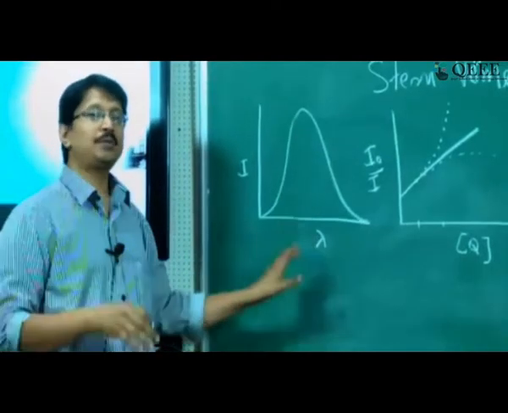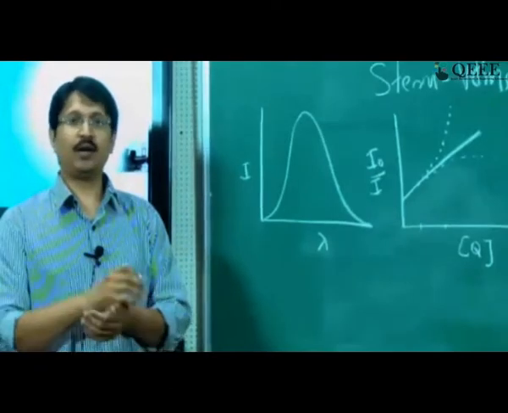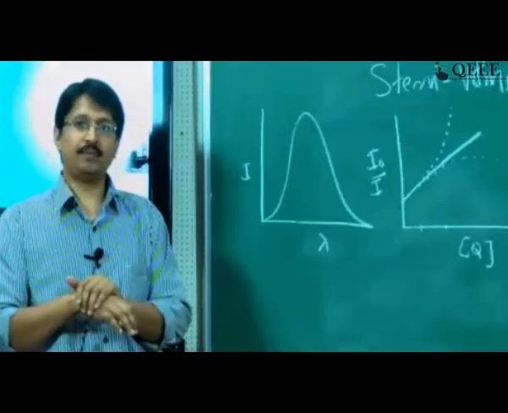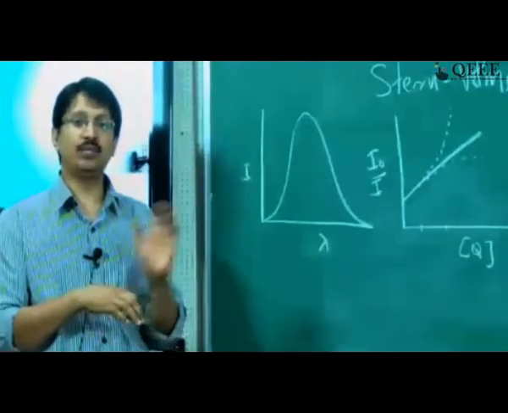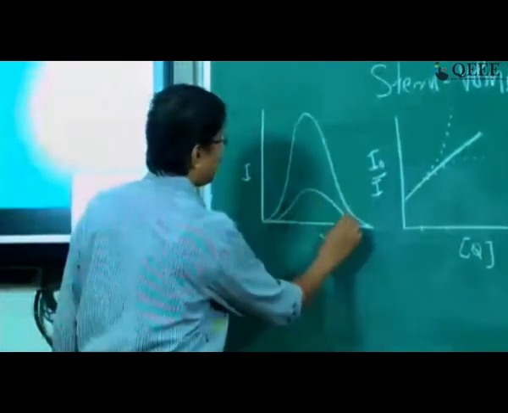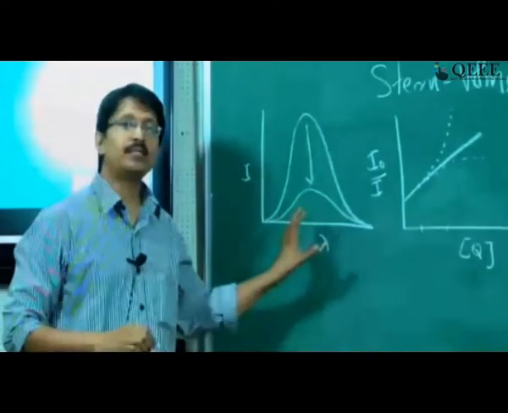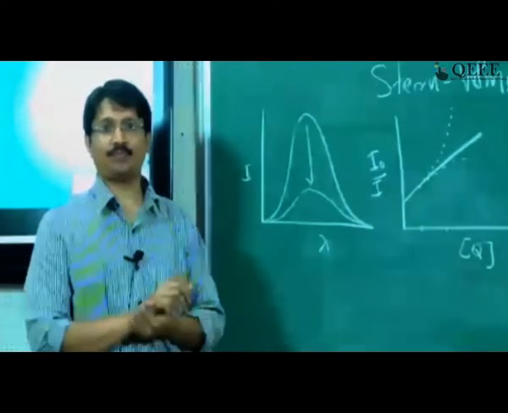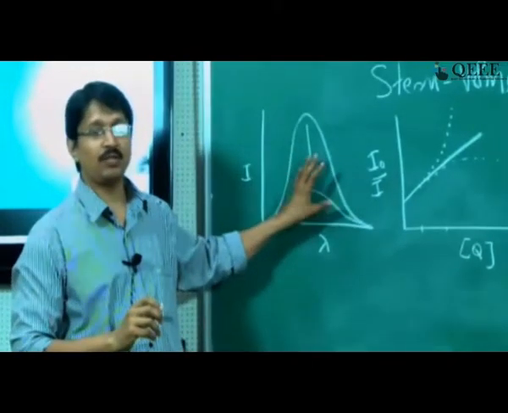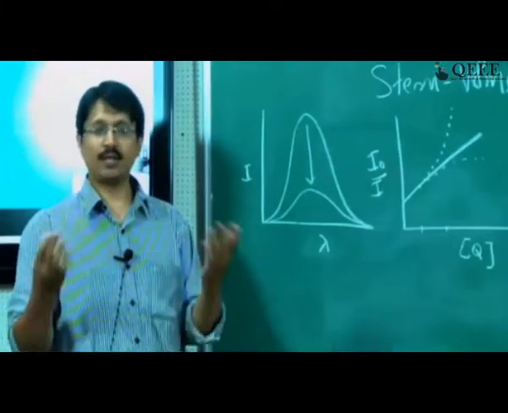When you add another substance to this system, suppose you want to develop a sensor for any purpose, another species is getting added to this system, and if that results in a decrease in the emission intensity, this phenomenon is called quenching. Quenching is a process in which the fluorescence intensity is decreased in presence of another substance.